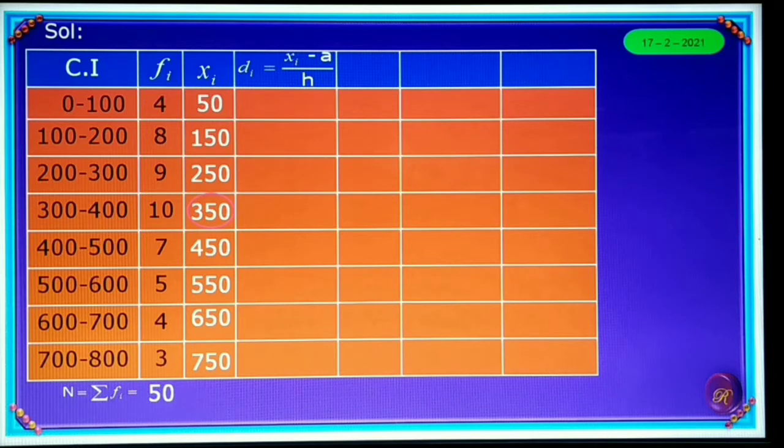Next column is for di is equal to (xi minus a) divided by h. Here assumed mean is 350. h is the class size or class width, that is 100.